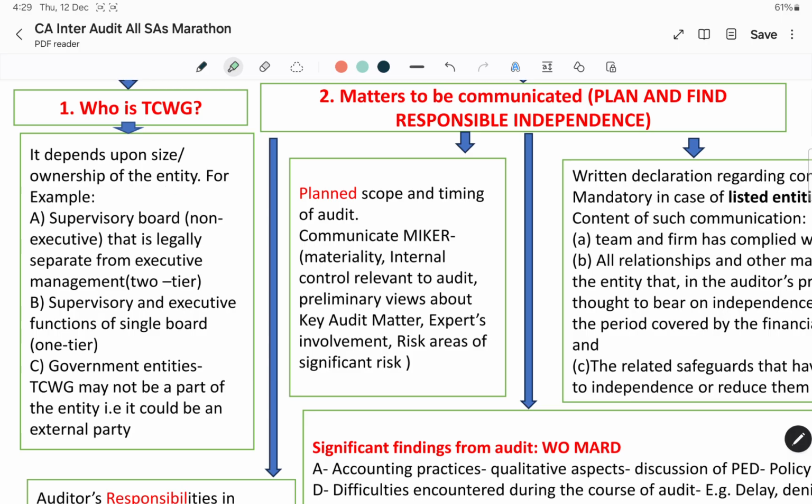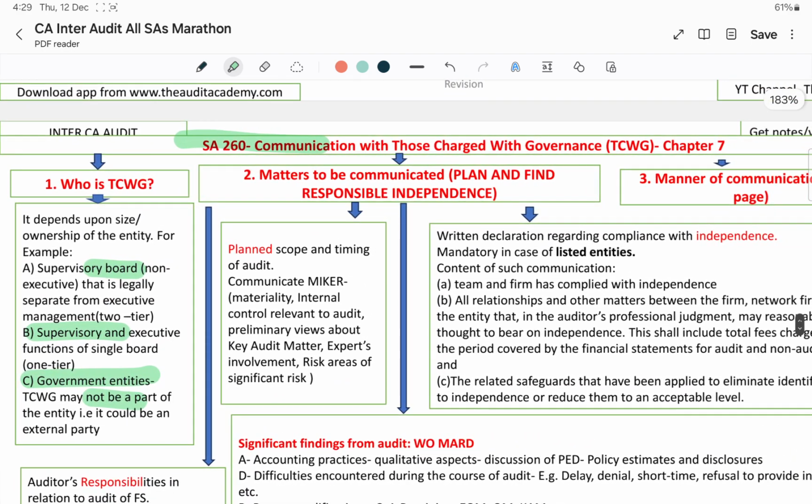For example, a supervisory board, non-executive, that is legally separate from the executive management; supervisory and executive functions of a single board, one tier. And in government entities, TCWG may not be a part of the entity, it could be an external party.